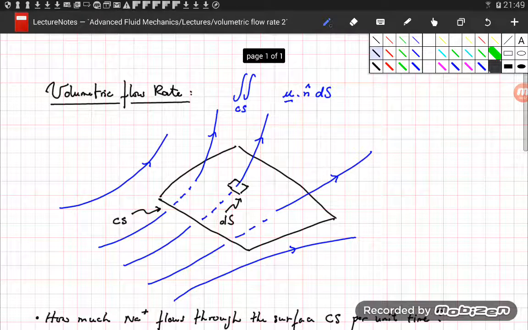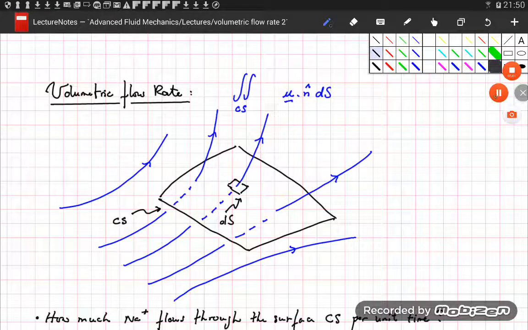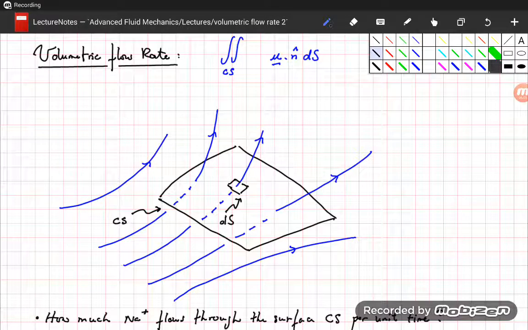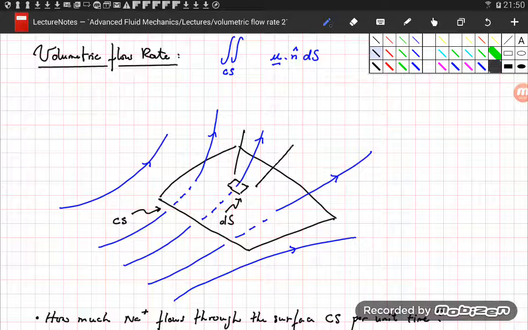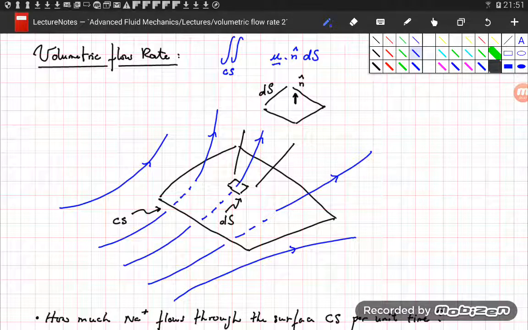Now let's go back to our little drawing here, and let's zoom in on our little element of surface dS. So here's my little element of surface. n here will be the unit vector normal to this piece of surface dS. And as you can see here, there is fluid passing through.